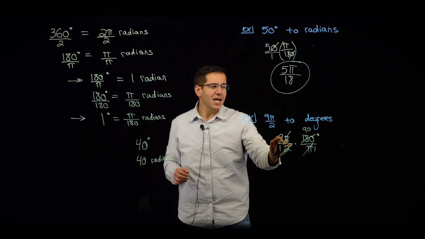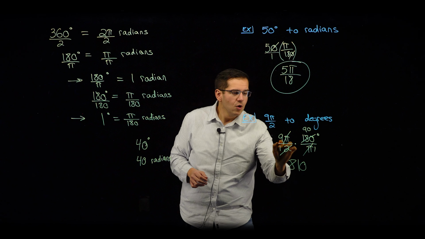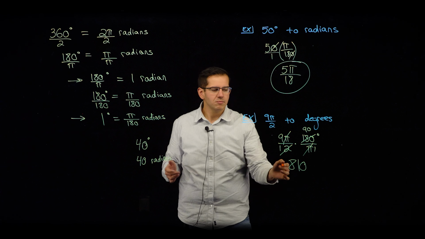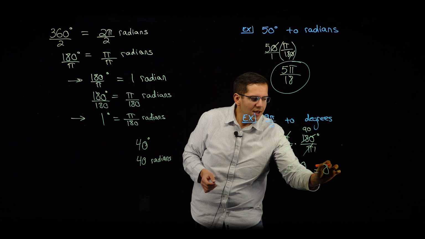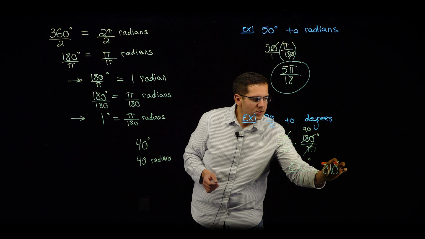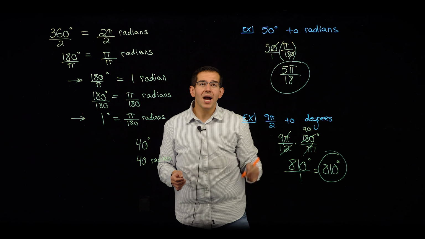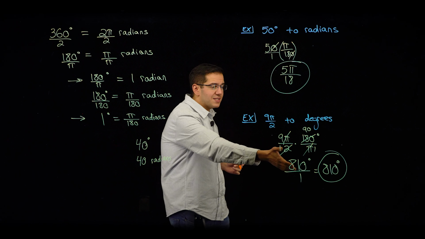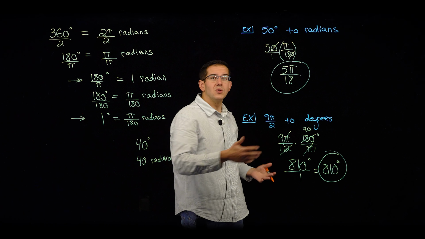So that gives us 9 times 90 is 810 over 1 times 1 is just 1, which leaves us with 810 degrees. So 9 pi over 2 is the same thing as 810 degrees, going from radians to degrees.